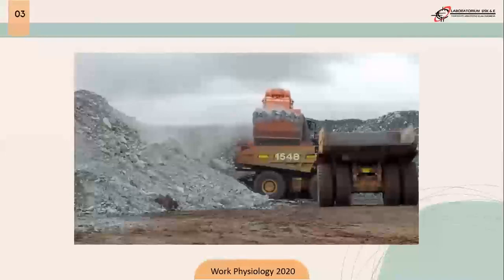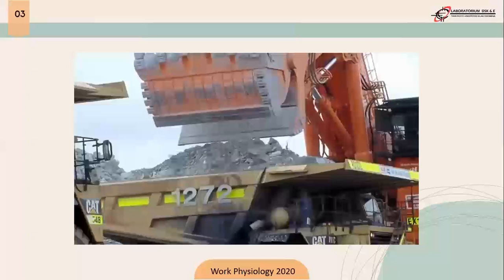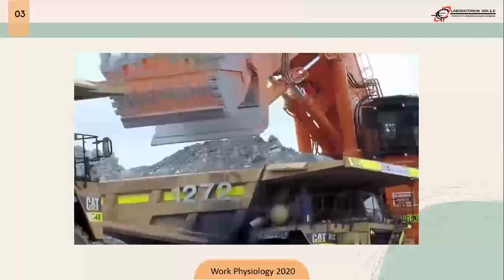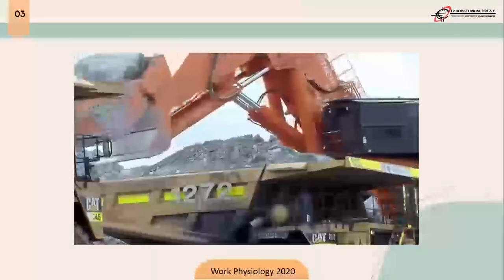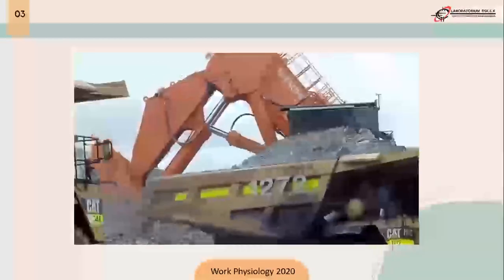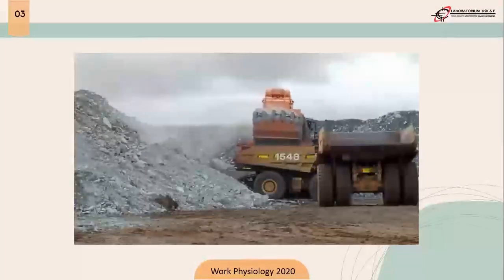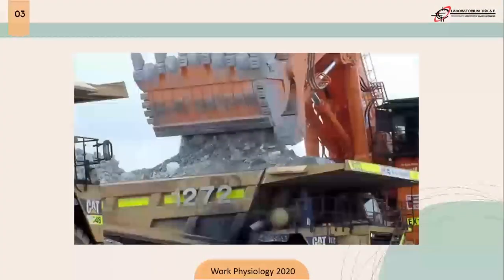Okay guys, from this illustration we know that in real industry activities, the physical work environment can affect the work directly or indirectly. For example, there is noise that occurs from the heavy equipment that transfers the material from one place to the others.